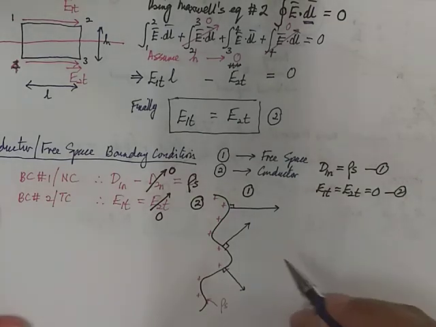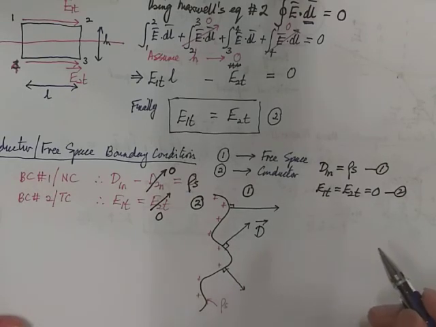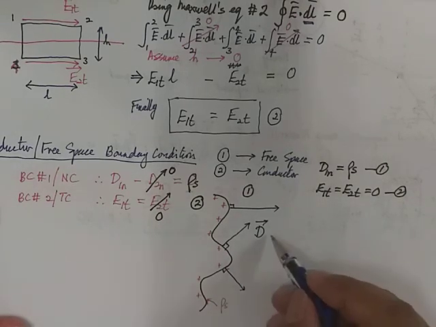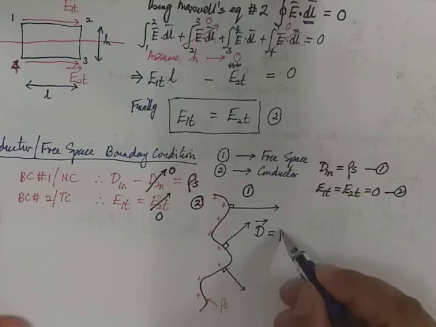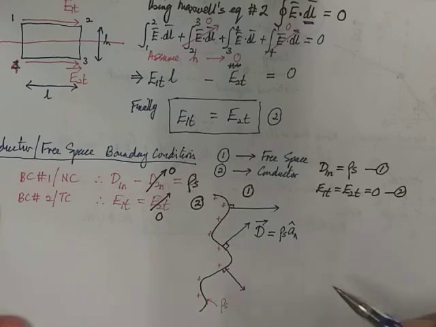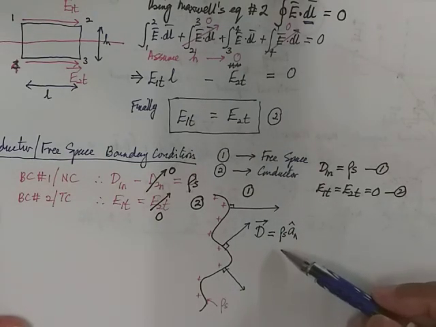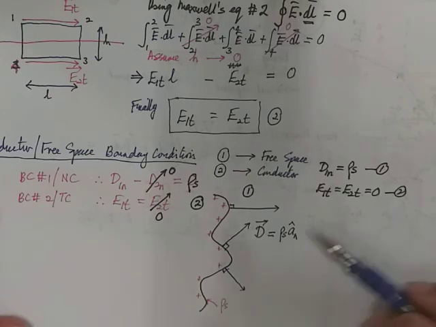And remember, the way that we denote the field, D, the electric flux density in the free space region, should be equal to rho s a normal. The a normal is the unit vector normal to the boundary, and the magnitude of the field based on equation number 1 must be equal to the surface charge density.